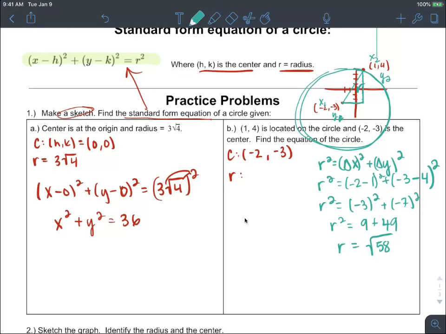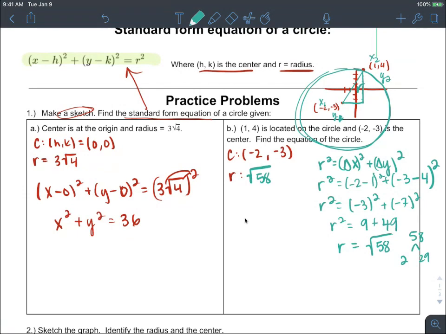Okay, so I can go ahead and say that my equation is, let's do a little tree action. 58 divided by 2 would be 29. So I think there are no perfect squares there, so we can just go ahead and move on. So r is the square root of 58.